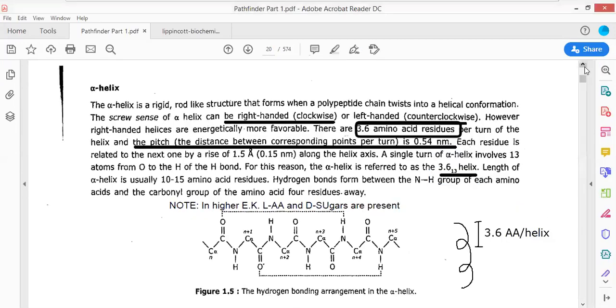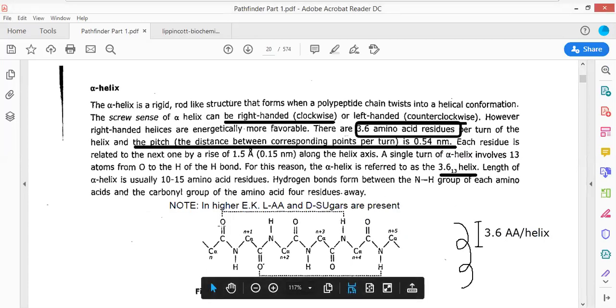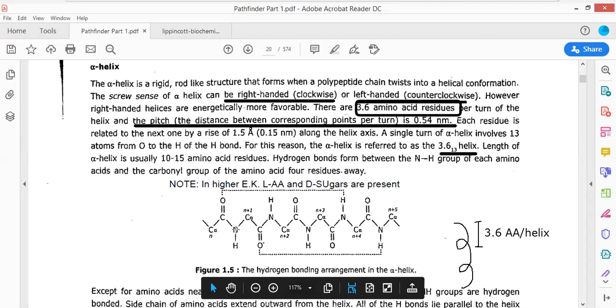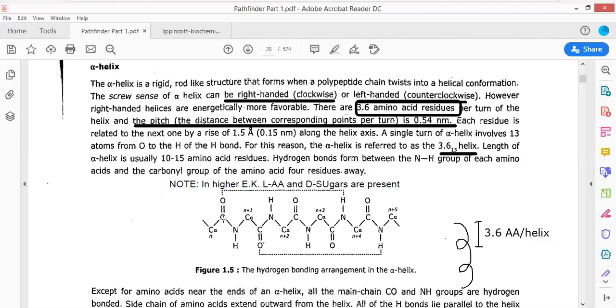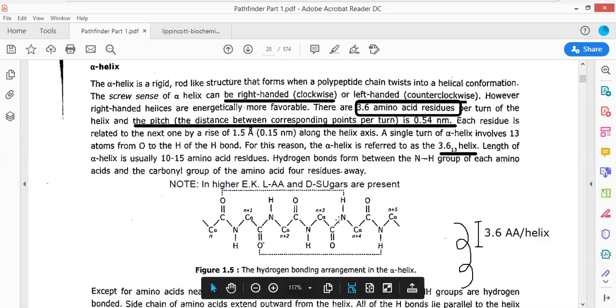The word 13 has been used because of a particular reason. Now you see how many atoms are involved in the hydrogen bond. For example, you can look at this particular structure. In this structure, you are going to find that there is the carbon and there is an oxygen. Now this oxygen is going to bind with this hydrogen atom. Now count the number of atoms present in between them. 1, 2, 3, 4, 5, 6, 7, 8, 9, 10, 11, 12, 13.